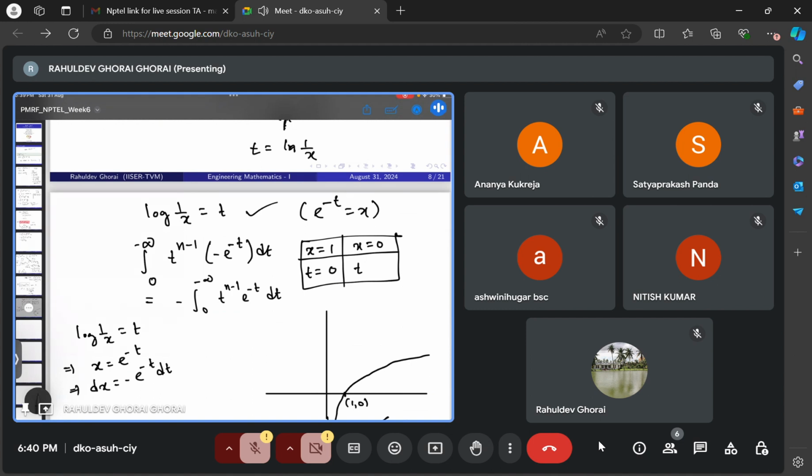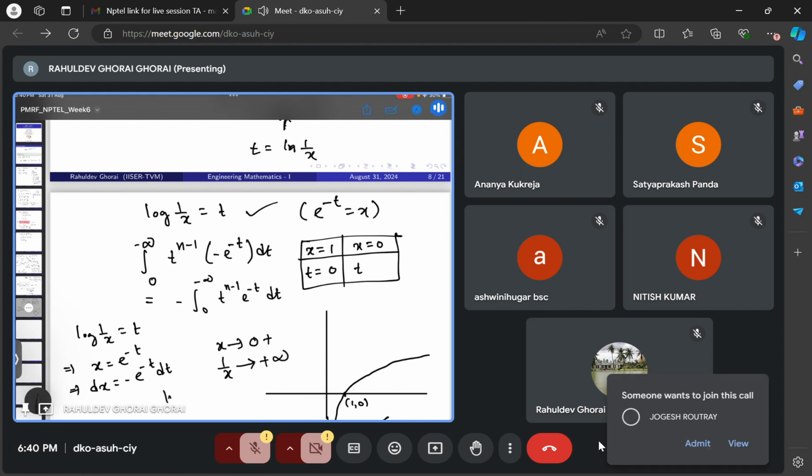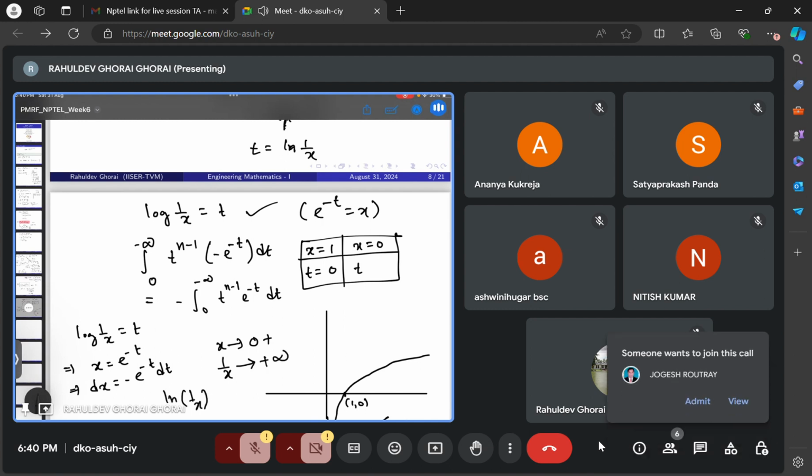Sorry, I made a mistake, right? When x is converging to 0 plus, 1 by x will go to plus infinity, and ln of 1 by x will also go to plus infinity, right? You understand what mistake I was making?